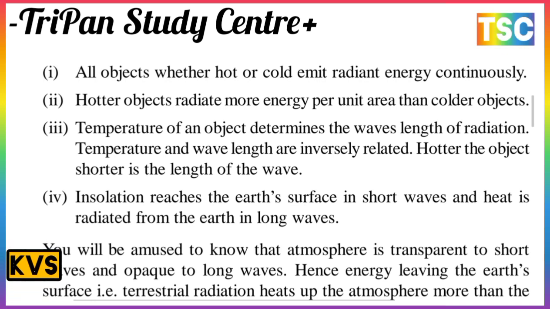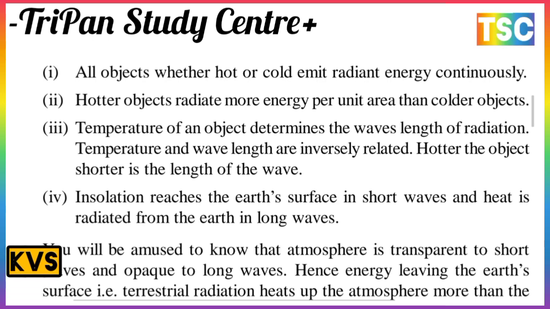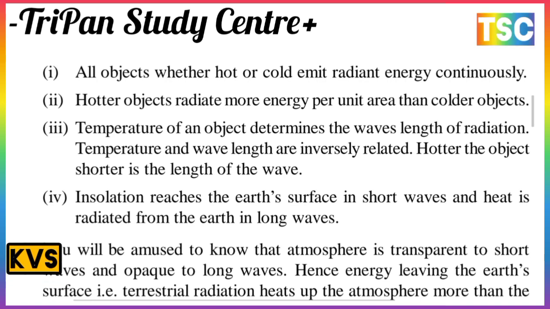Third, the temperature of an object determines the wavelength of radiation. Temperature and wavelength are inversely related. The hotter the object, the shorter is the wavelength. And fourth, insolation reaches the earth's surface in short waves and heat is radiated from the earth in longer waves.